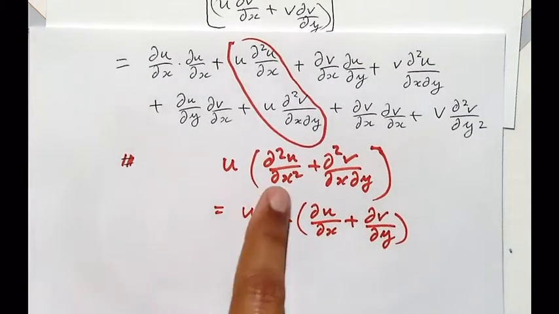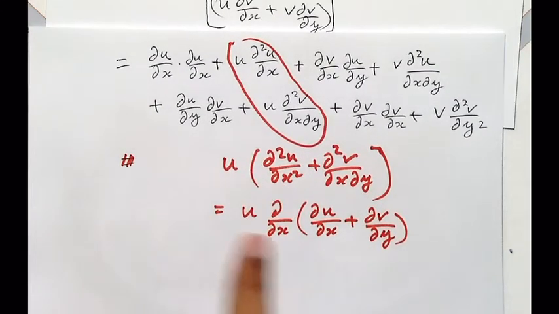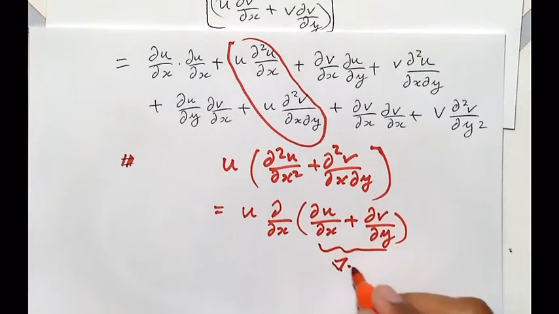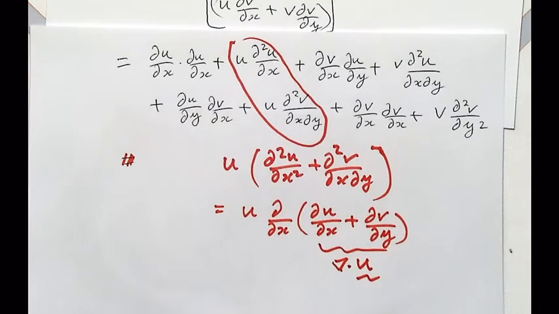I've just taken one of the derivatives in x outside, and what I have remaining inside is nabla dot u. This is equal to 0.